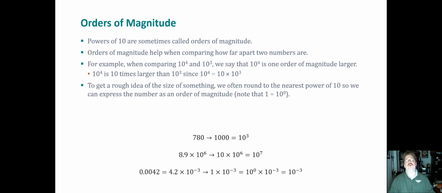More importantly to astronomers is something referred to as orders of magnitude. If you hang out with astronomers, you'll often hear the phrase, it's good to within an order of magnitude, meaning it's a fairly rough guess. Meaning that it is somewhere within a multiple of 10.